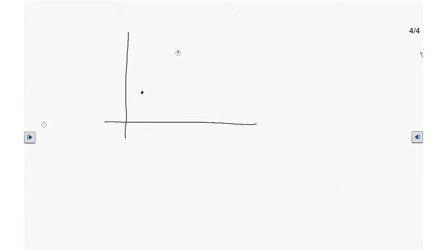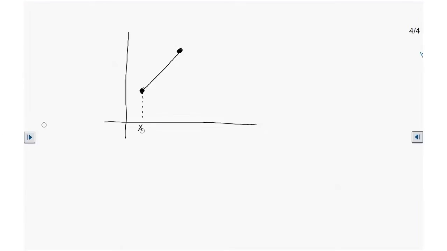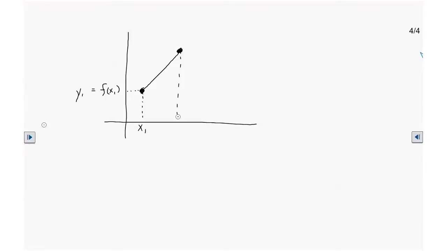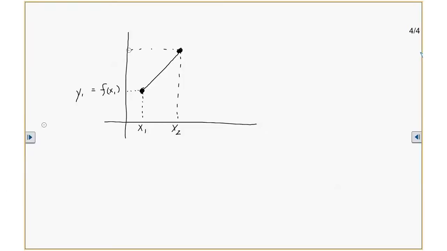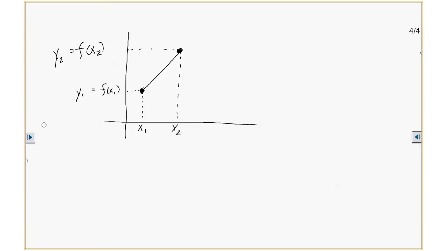2 points on a line. 2 points. This is x sub 1. And this is f of x sub 1, or y sub 1. This is x sub 2. And this is f of x sub 2, or y sub 2. Now from your basic algebra days, the slope is equal to delta y over delta what?